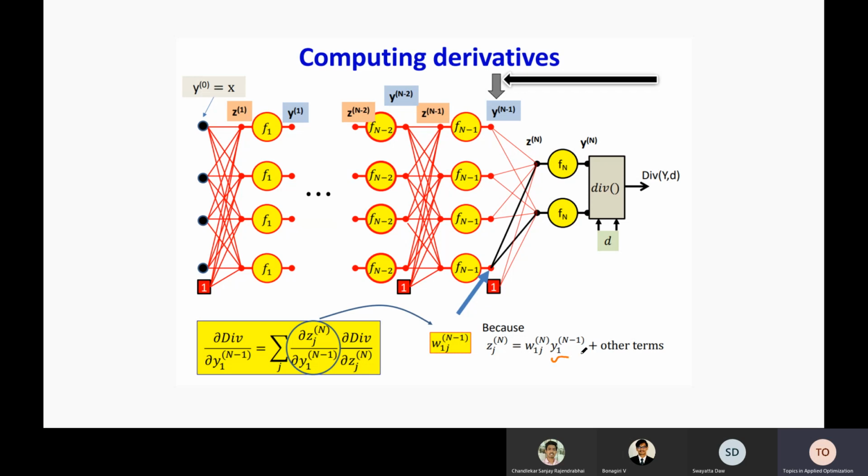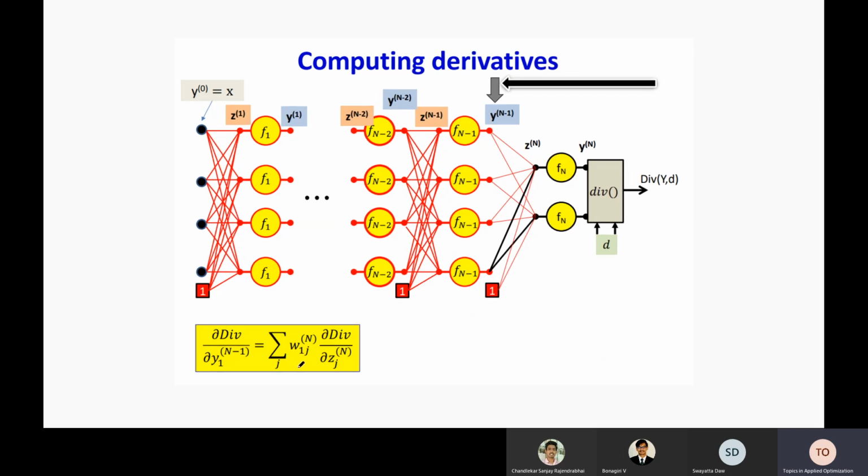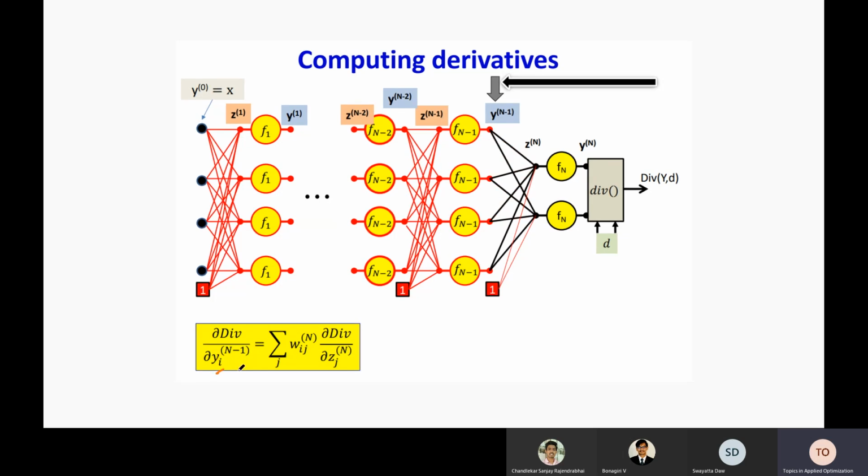So we will just focus on the term that has yn minus 1. Okay, so if we take the derivative with respect to that, what is left is the weights w1j n minus 1. Okay, so that's what is found here. Okay, so these values are also computed, so we can do it for all the i. Okay, so we did it for one, but we can do it in general for i.